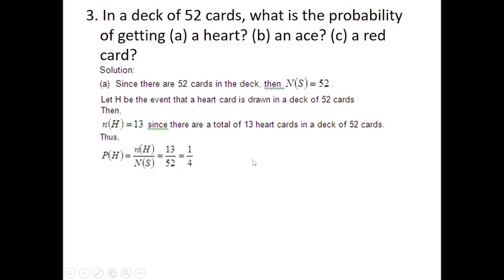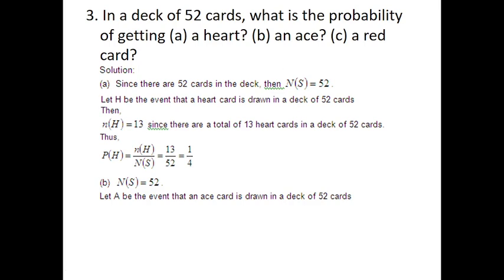And then, letter B. An ace card. Pag ace card, alamin muna natin ilan lahat ng possible outcomes sa ating sample space. Ano muna yung random experiment natin dito, class? Ang random experiment natin ay getting a card in a deck of 52 cards.